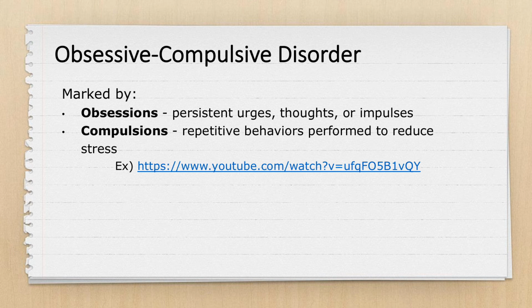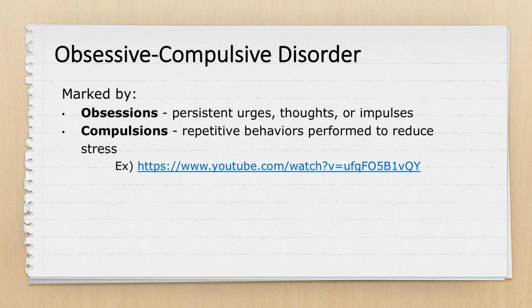Obsessions are persistent, unwanted ideas, thoughts, or urges. These are typically inappropriate. It's usually about sex, aggression, contamination, etc., and it causes distress. For example, individuals with OCD may be consumed with fears of being dirty or thoughts of killing others.